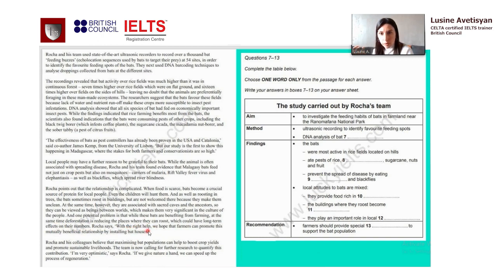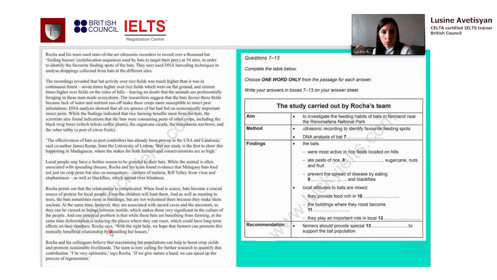Purchasers with the right help, this is the support part. We hope that farmers can promote this mutually beneficial relationship by installing bat houses. So farmers should provide special what to support the population?